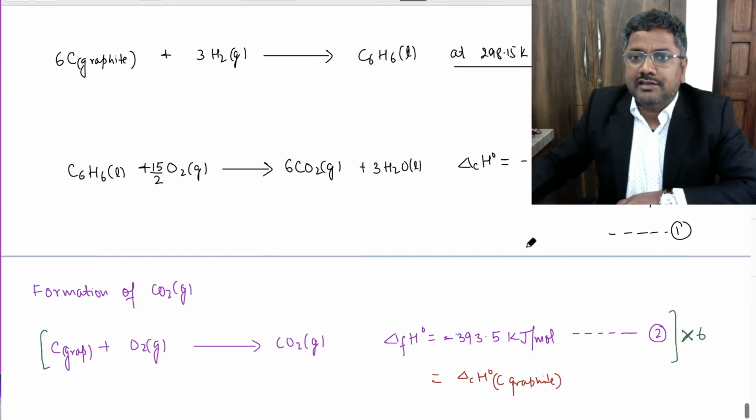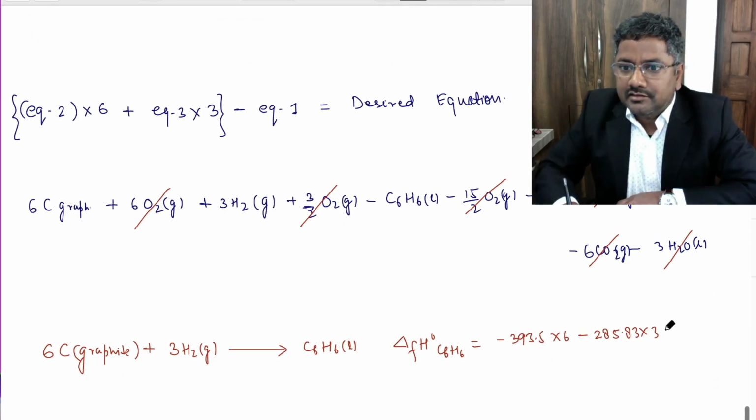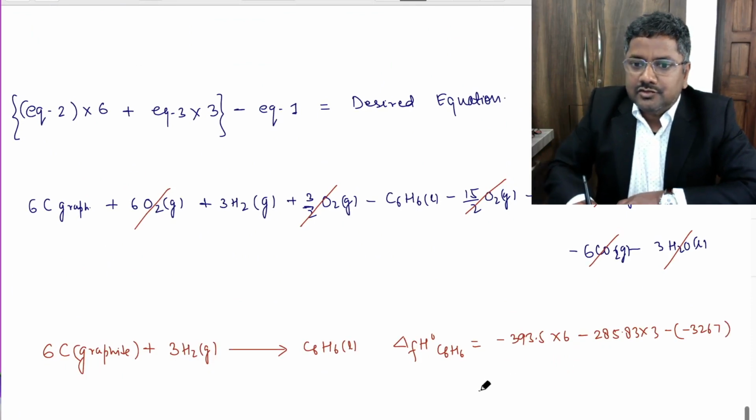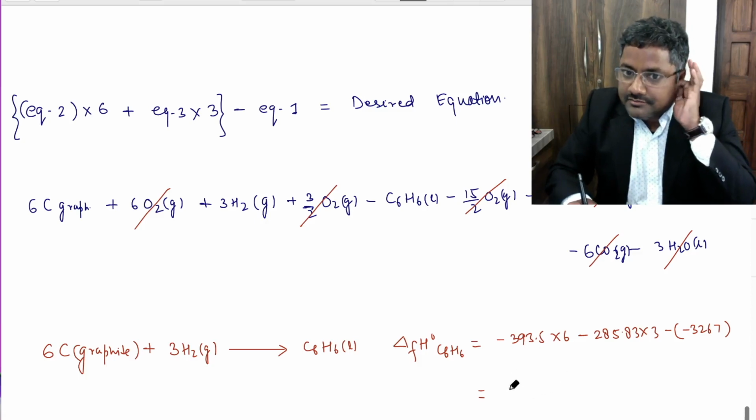So minus this will become plus 3267 minus 3267. If you solve this, what will you get?